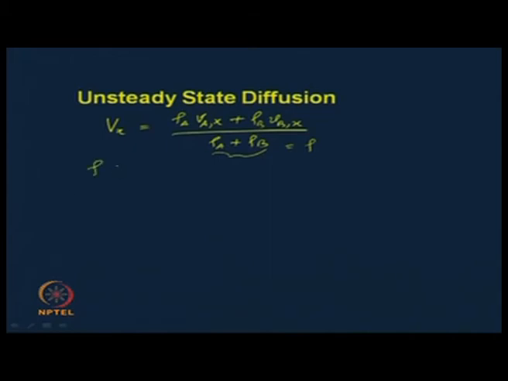So, rho times the mass average velocity V_x will be equal to rho_A v_Ax plus rho_B v_Bx, and rho_A we can write M_A C_A, and then v_Ax plus M_B C_B v_Bx.